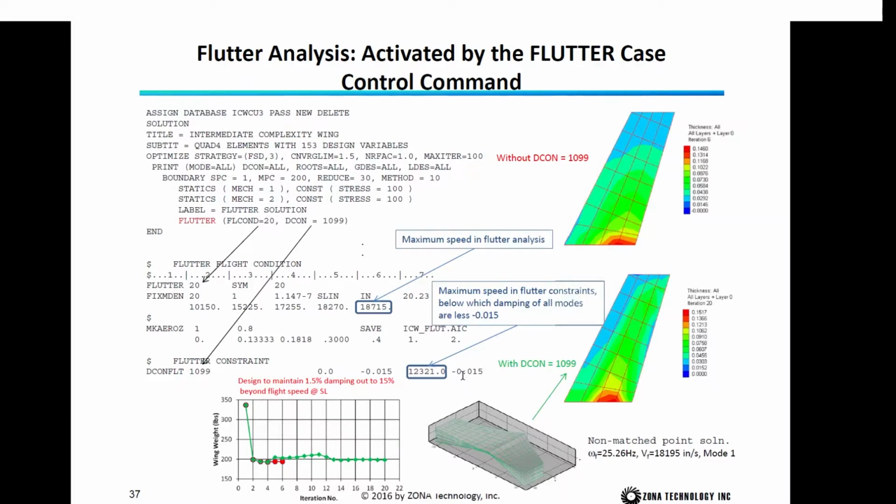Showing here, without imposing the flutter constraint, it took 6 iterations to obtain a converged solution, because we have 2 static load conditions to impose the stress constraint. But with the flutter constraint, it took about 20 iterations. The weight is a little bit higher than the one without the flutter constraint.